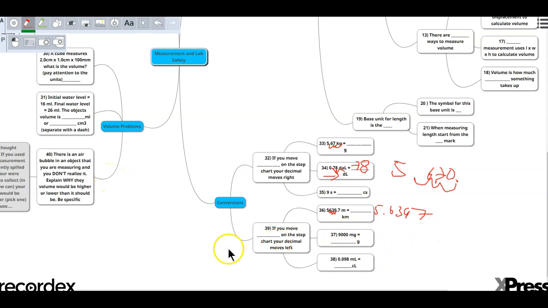And I think number 40 right here is a great question. If there's an air bubble in an object that you're measuring and you don't realize it's there, explain why the volume would be higher or lower. If you had a flask, which you did, and it has air inside of it, and I want just the volume of the glass, when you put this into water, the water doesn't fill the empty space, so you're going to get a volume that's higher than it should be.